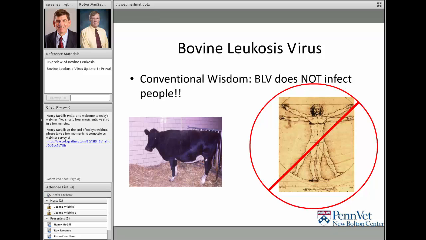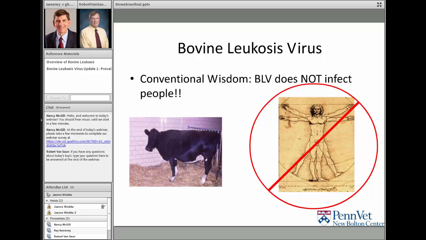Now, these viruses are generally thought to be species-specific, meaning they only infect their specific host. So, for instance, the feline leukemia virus doesn't infect cattle or dogs. It only affects cats. And for many, many years, the conventional wisdom has been that BLV, the bovine leukemia or leukosis virus, does not infect people.